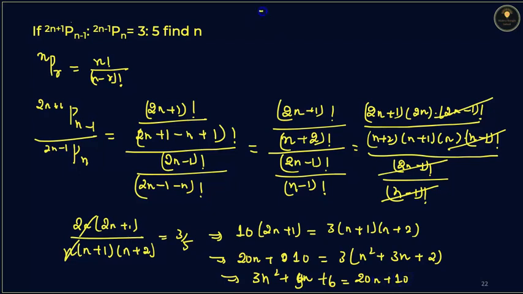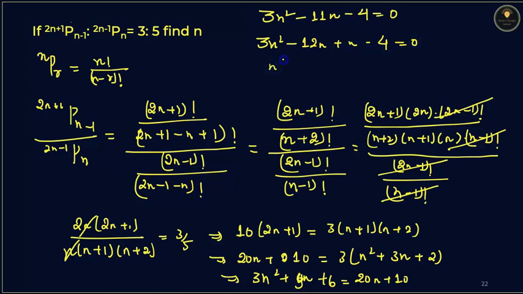So everything will turn out to be 3n square, then minus 11n, and then minus 4, which is equal to 0. And now we can write it as 3n square minus 12n plus n minus 4 is equal to 0.